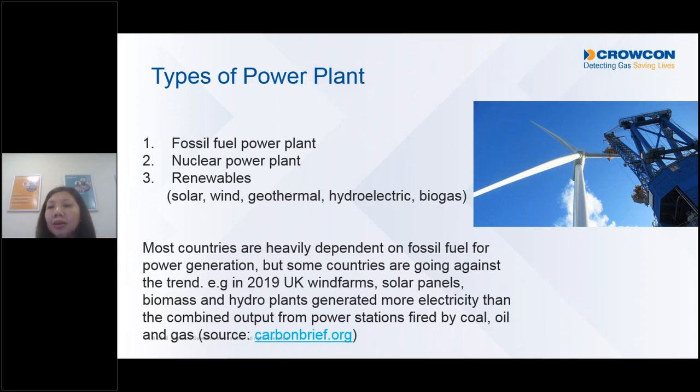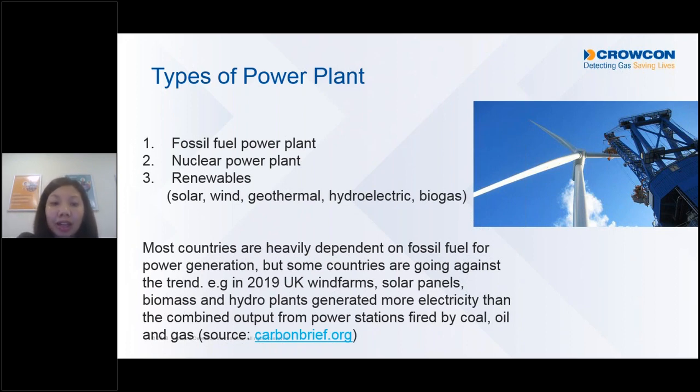I was looking at a breakdown on fossil fuel versus renewable versus nuclear around the globe, and not surprisingly, a lot of the countries are dependent on fossil fuel as the source of power. But some countries are doing quite well in having renewable energy generating more electricity than fossil fuel itself.